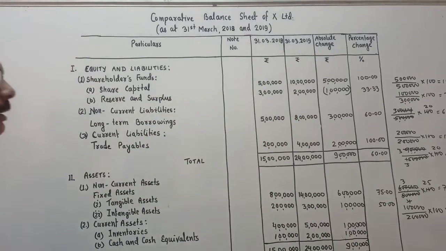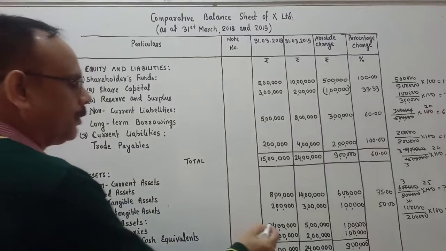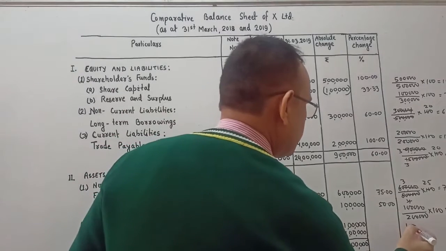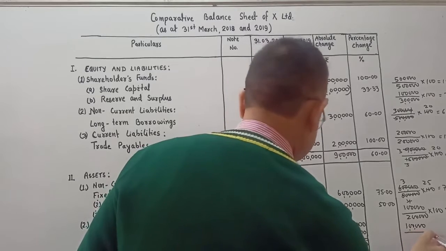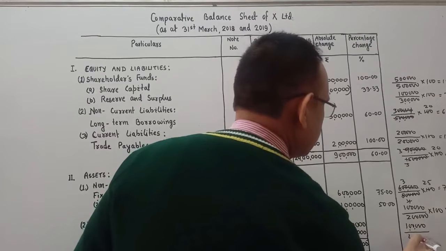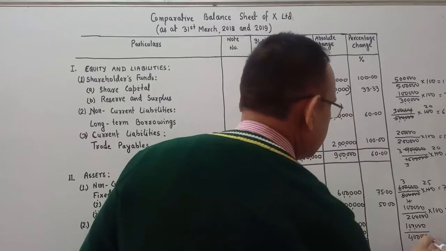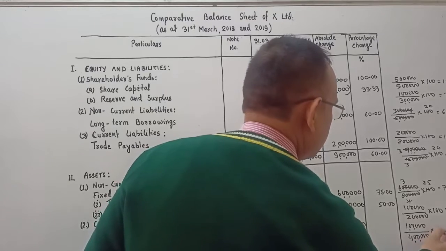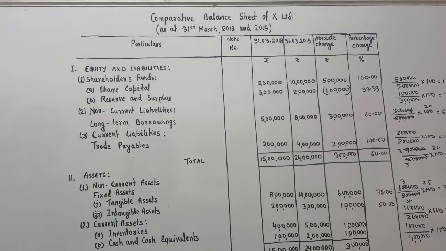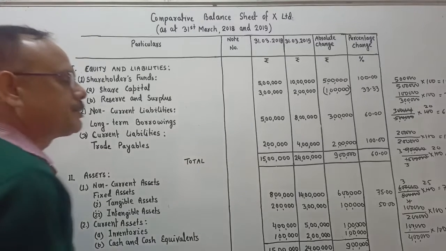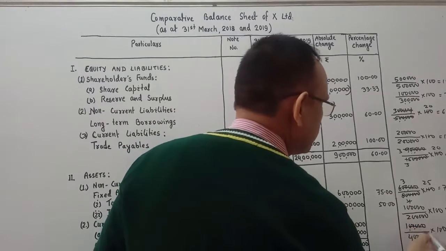Next is 4 lakh to 5 lakh. So 1 lakh is the absolute change and previous figure is 4 lakhs into 100. So it is 1 lakh upon 4 lakh into 100. So it is 25%.